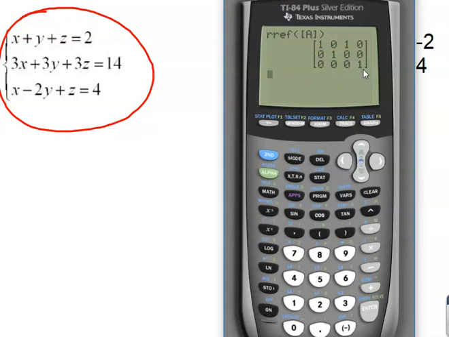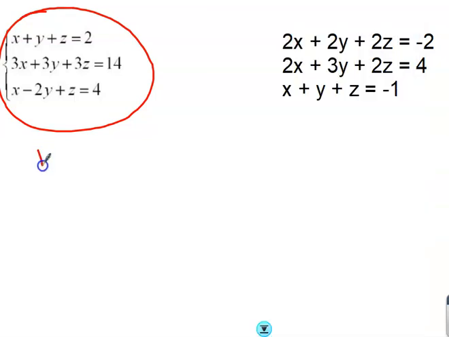Okay, and then that equals a 1. So this is an example of a no solution. Okay, it does not work. I don't have a solution for my Z. 0 equals 1. Okay, that I don't have a solution. So that would be a no solution for this example.